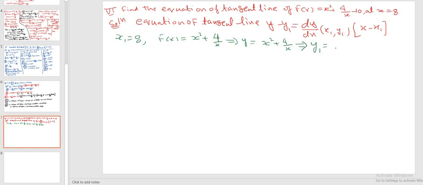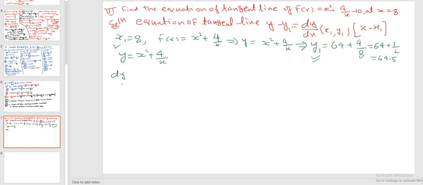So y1 is equal to 8 power 2, 64, plus 4 divided by 8. It means 64 plus 1 by 2, that means 64.5. Now, next point. We have x1 and we have y1, but we do not have slope. So y is given as x² plus 4 divided by x.